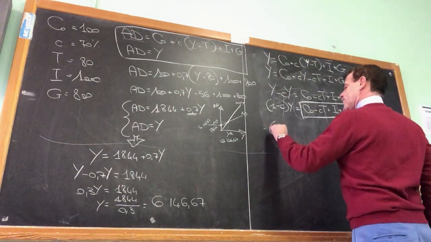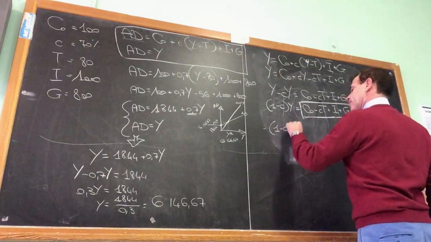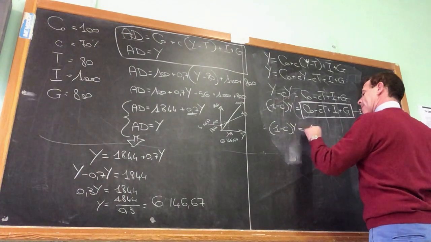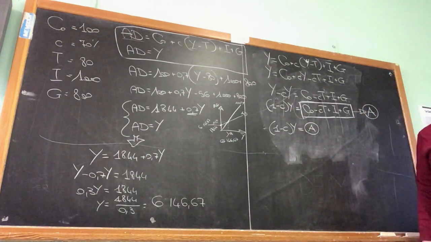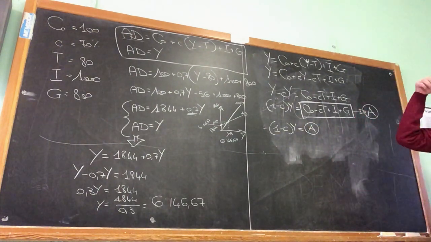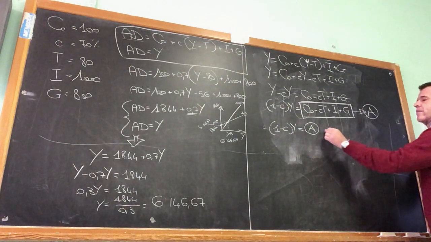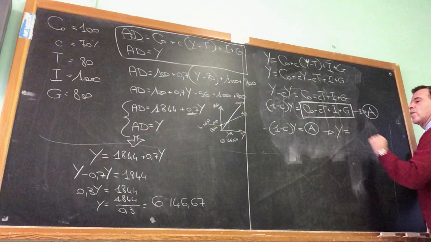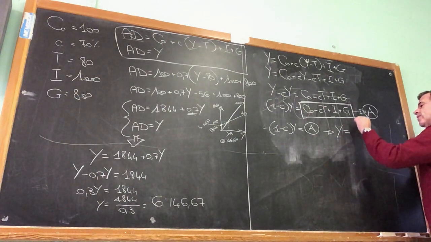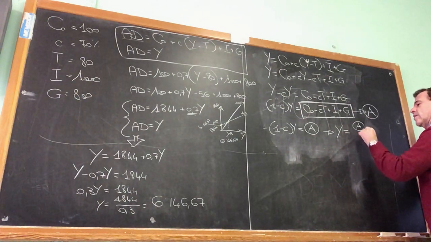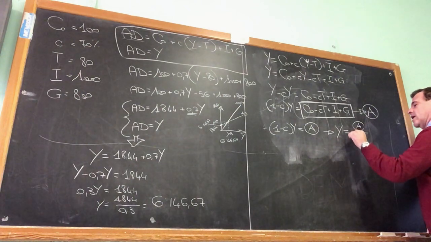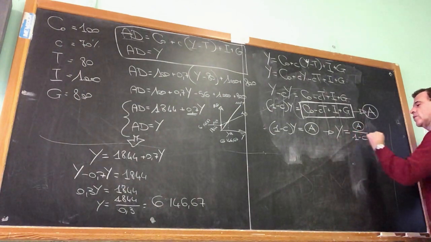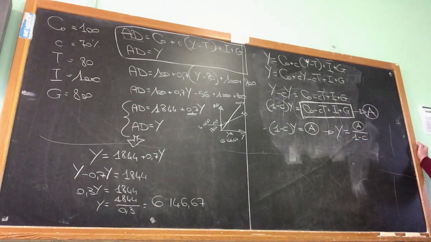So to find the equilibrium income, this is going to be A divided by 1 minus C, correct? Fantastic.